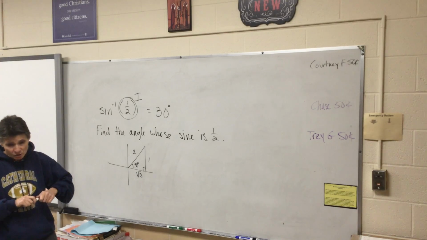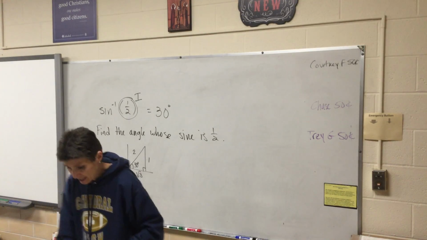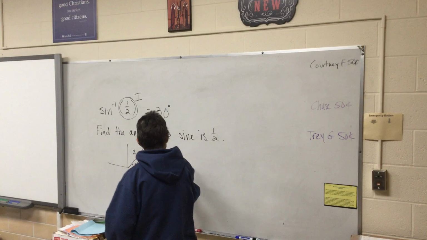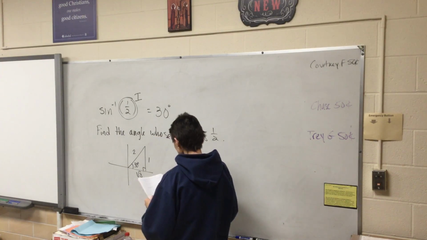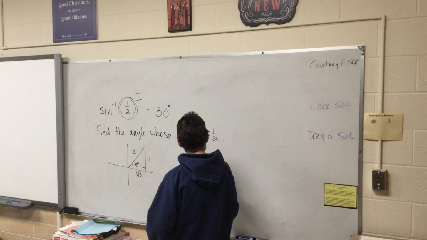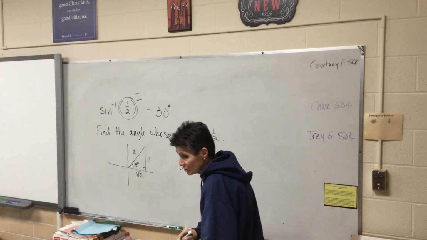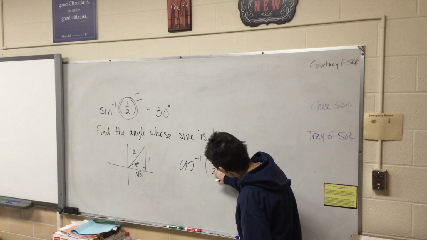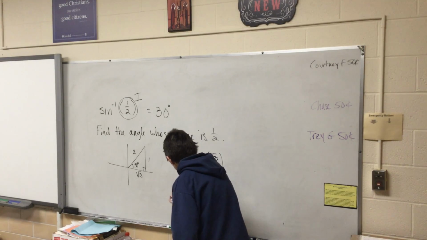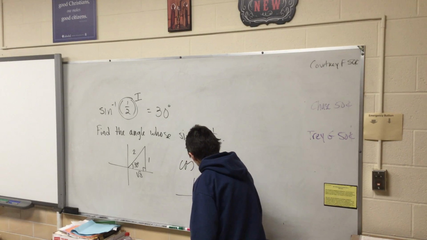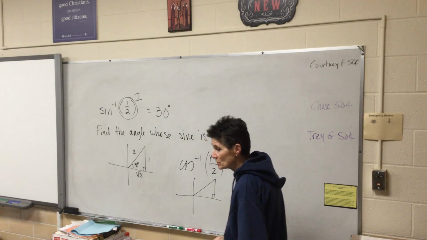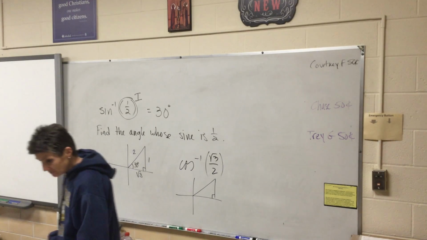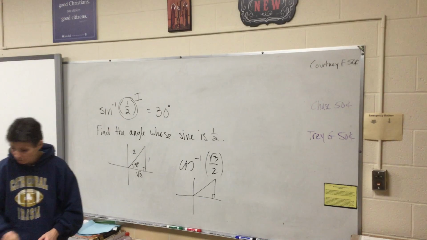Okay, let's look at the next one. It says the angle whose cosine is √3/2. Now remember, I just told you that if this is a positive number, you're always going to draw your picture in quadrant 1. It's not confusing at all.